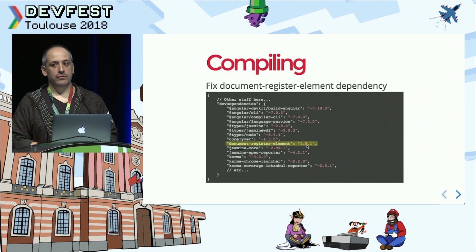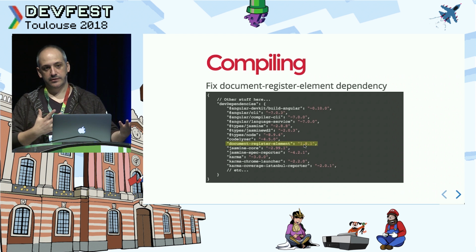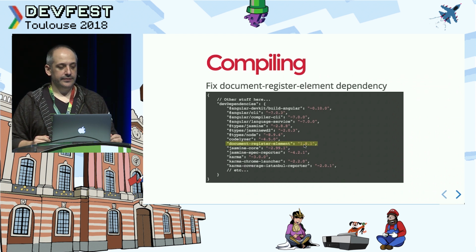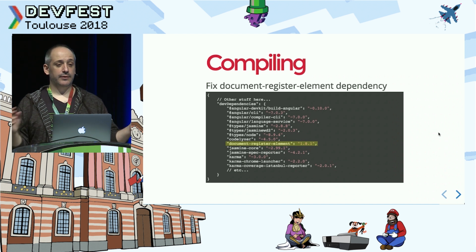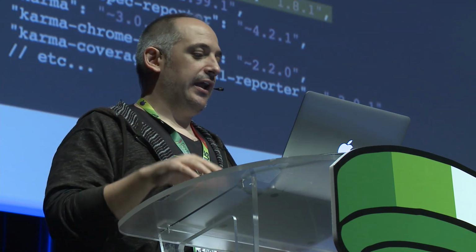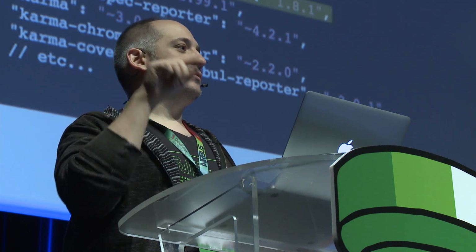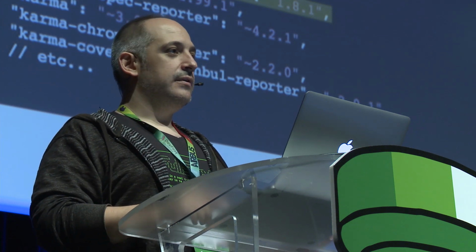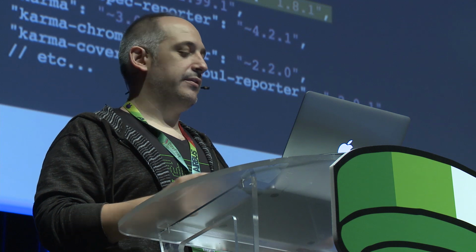If you are going to use Angular elements for any reason, you probably have to do this until they fix it. The document-register-element dependency is, by the way, maintained by some guy. No, this is not part of Google, and the guy is asking for money, so you can just send him $5 to buy him a beer or whatever.